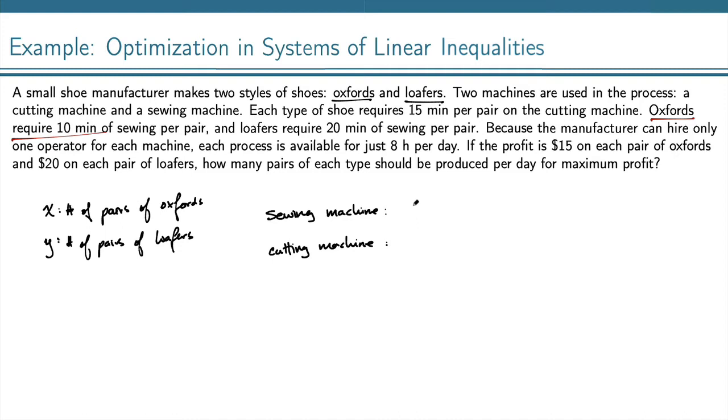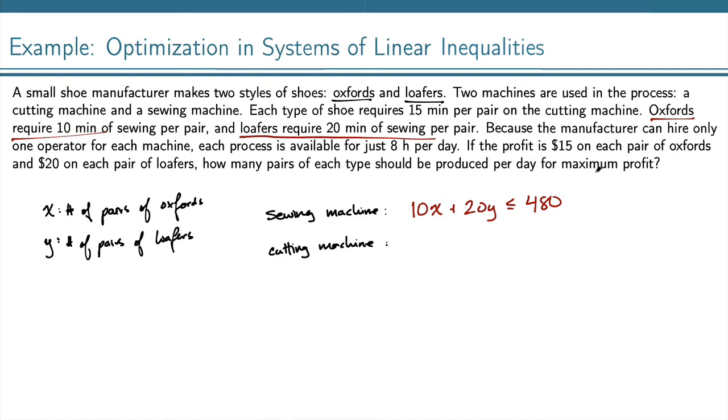So I've got 10 minutes per pair of Oxfords, so that's 10 times X. And then I've got loafers, which require 20 minutes of sewing, so that's plus 20 times Y. This is the total number of minutes spent on sewing, and that has to be less than or equal to 8 hours, and 8 hours is 8 times 60 minutes, so that's 480 minutes.